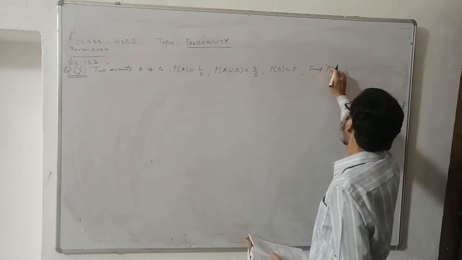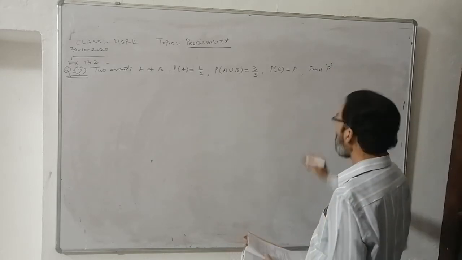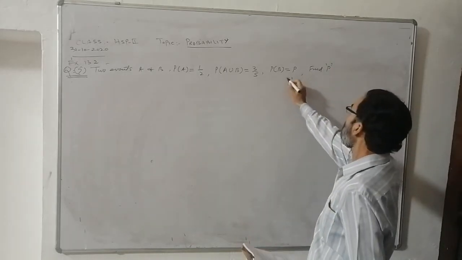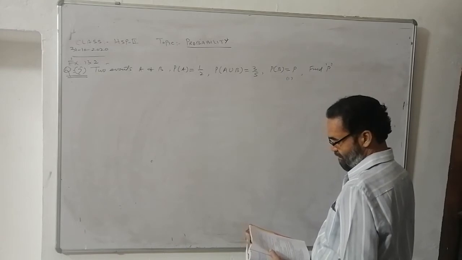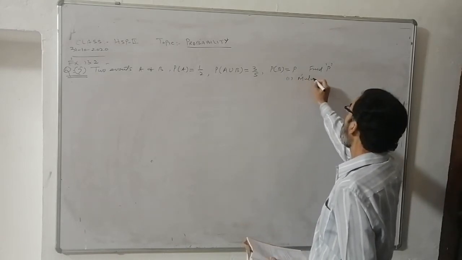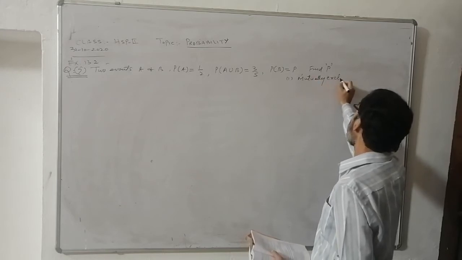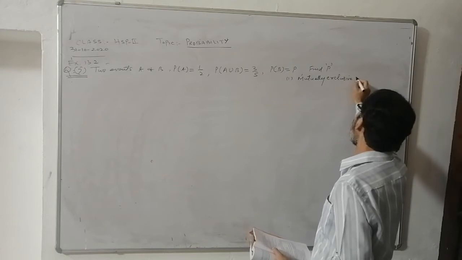We have to find the value of P when part first is A and B are mutually exclusive events.